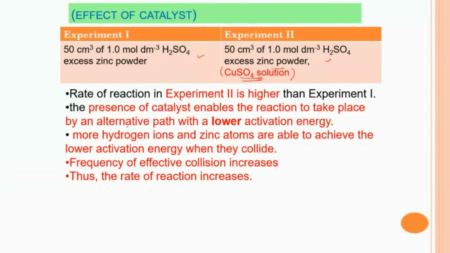The catalyst lowers the activation energy. So more collisions between the zinc atoms and hydrogen ions are able to achieve the lower activation energy. The frequency of effective collisions between the hydrogen ions and zinc atoms increases. Then rate of reaction will be higher.